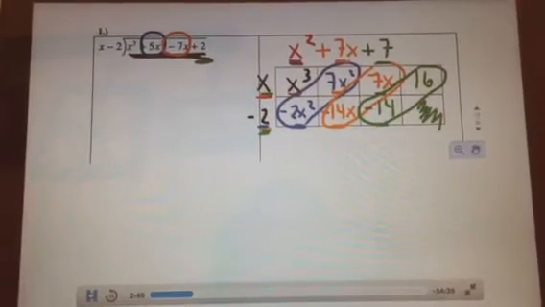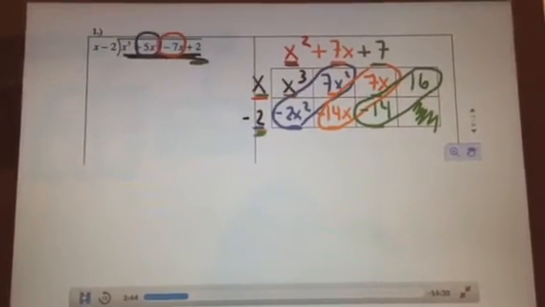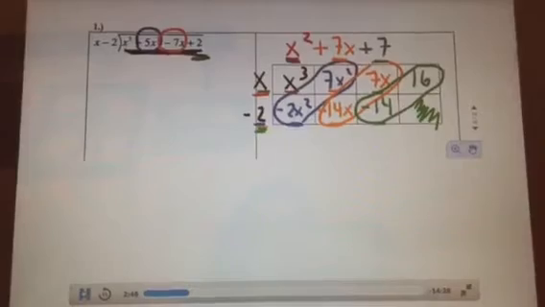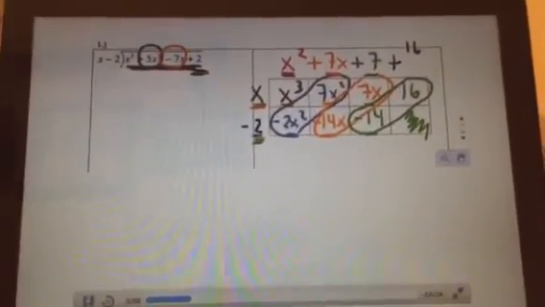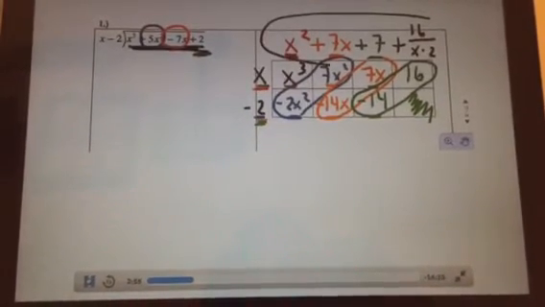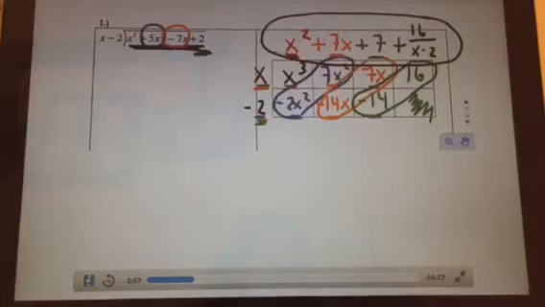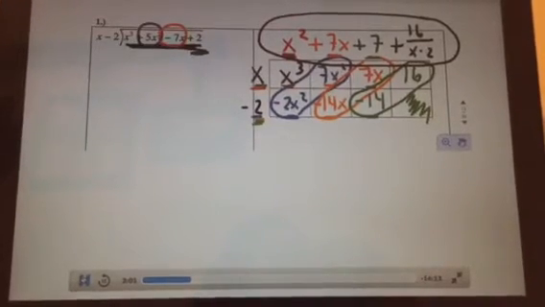This final block will remain empty. I think about x times what gives me 16, but I know that's impossible with a whole value, so I'm at my remainder. Plus 16 over the x minus 2. There's my solution, and if you check, it's the exact same solution we got when we did polynomial long division.